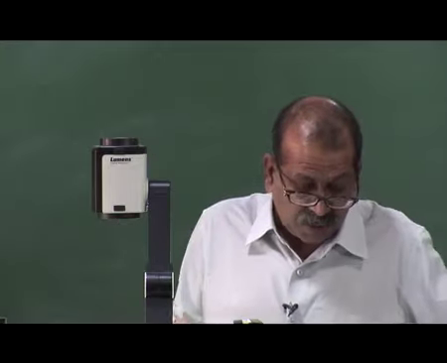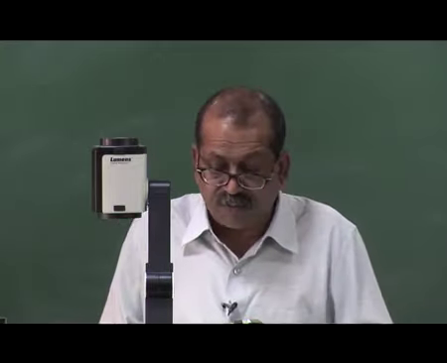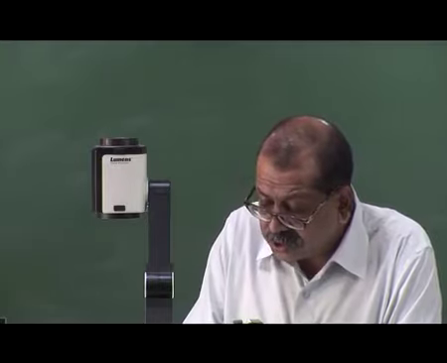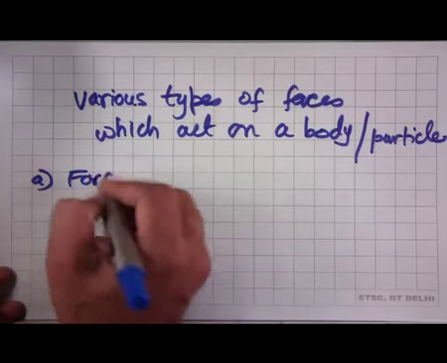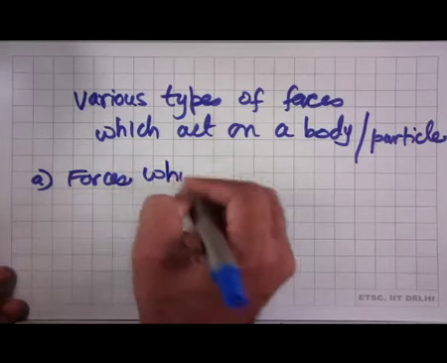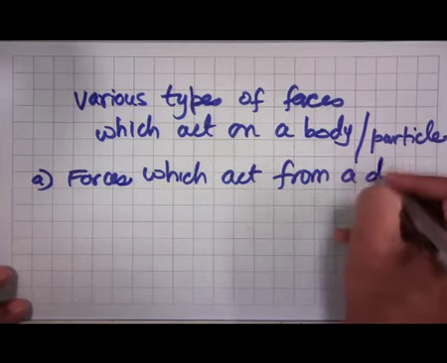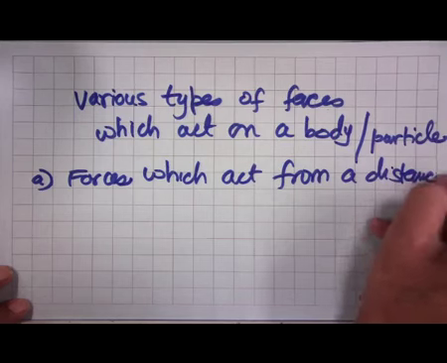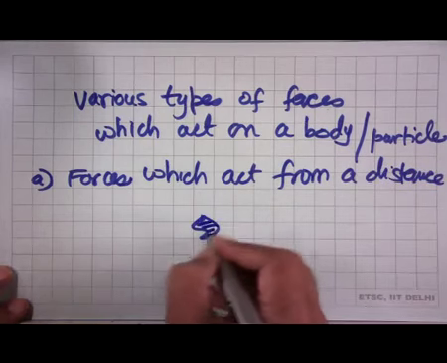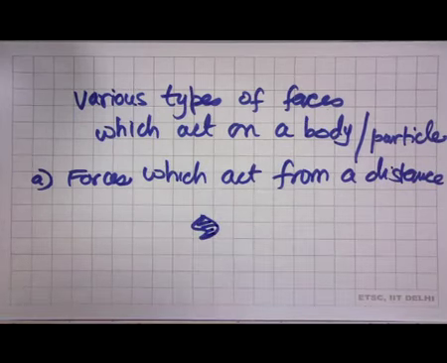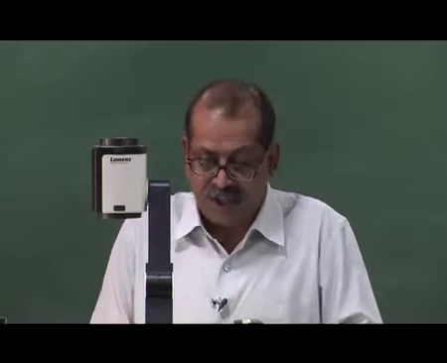So, on a body or a particle, which are the various types of forces acting? The first type of forces which act are forces which act from a distance. That means, if there is a particle here, a force will act due to some other body which is not touching the body.